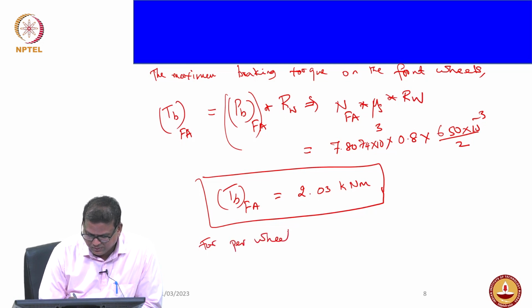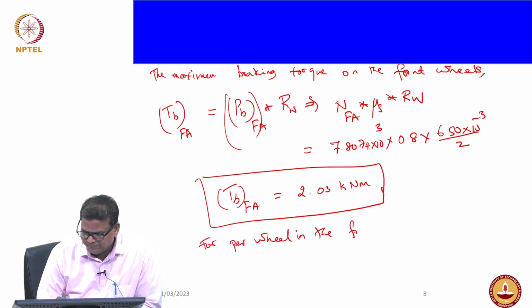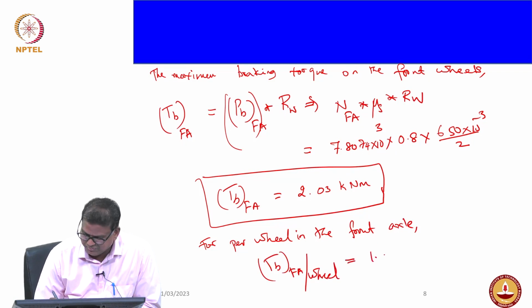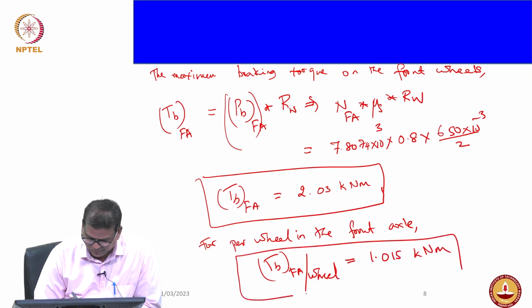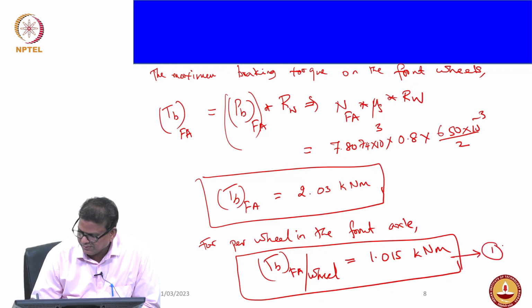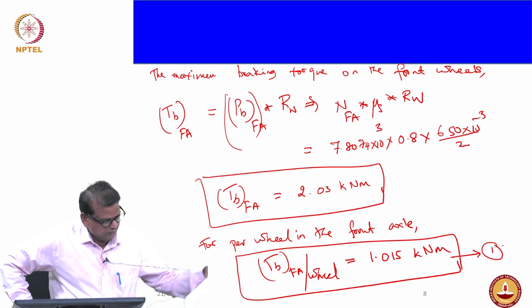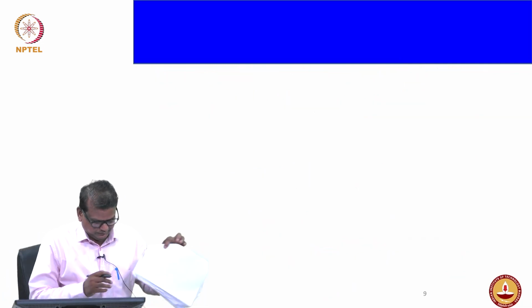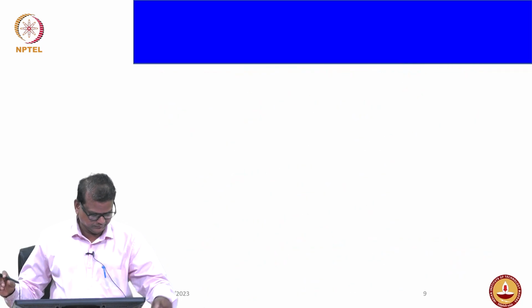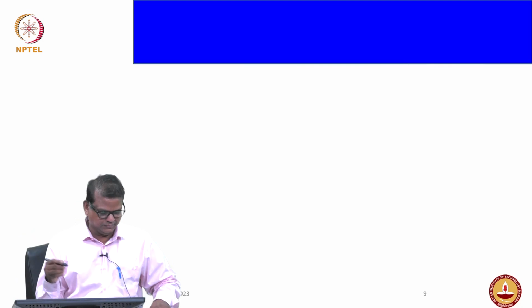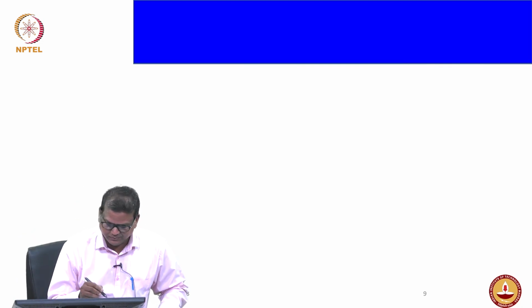Per wheel in the front axle, obviously, it will be 1.015 kilonewton meter. We will take this as equation number 1. Now, I will draw the arrangement, leading and trailing arrangement.